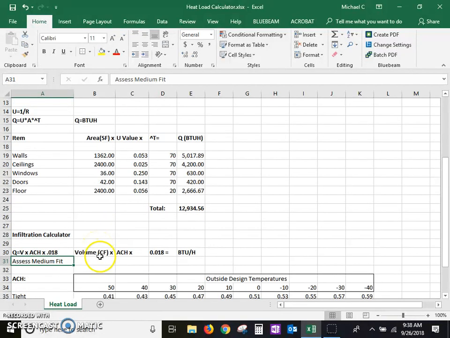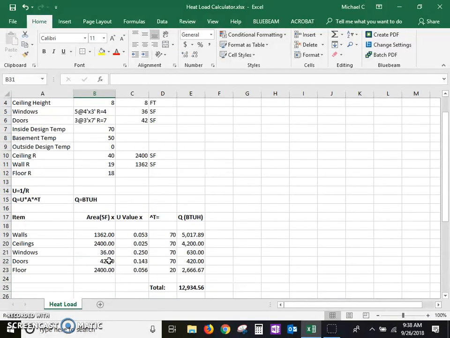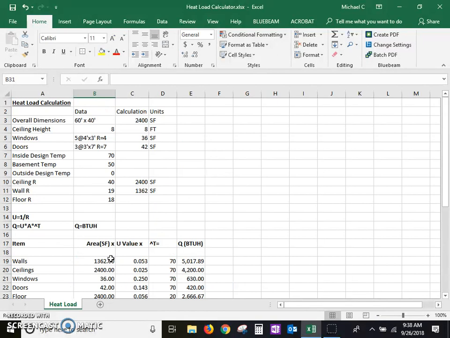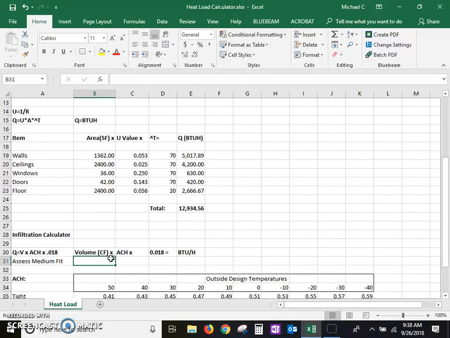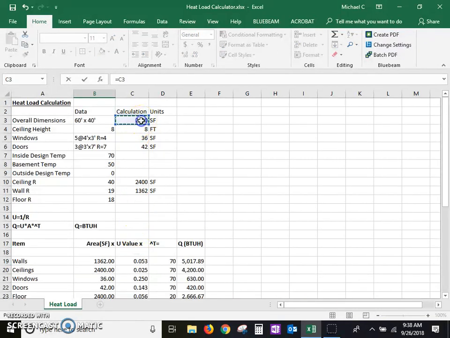Okay, so I'm going to look at this. Our volume of our house. Do we know our volume? We haven't had to do volume yet as far as the math formula, right? So our volume is going to equal our overall square footage multiplied by our height.